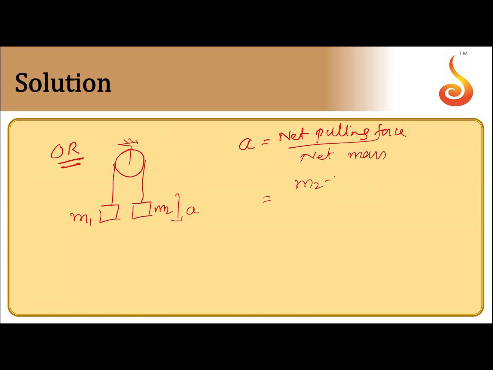That is nothing but m2 minus m1 into g divided by m1 plus m2. This is much easier to handle.